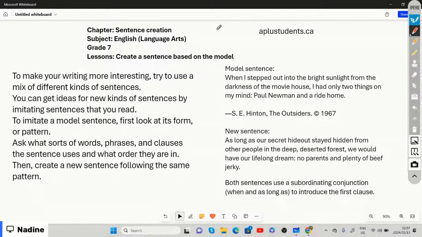In order for you to imitate a model sentence, you need to first look at the form or pattern of the specific sentence.